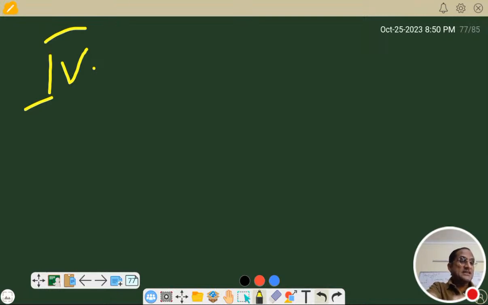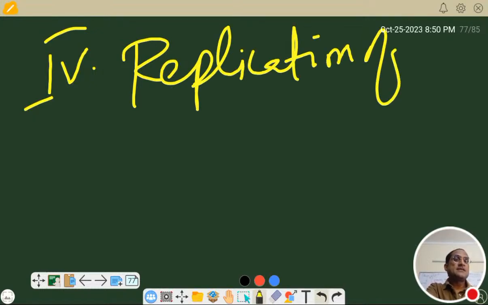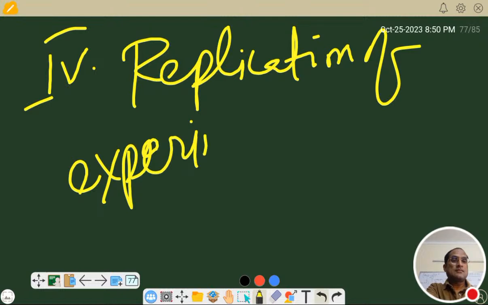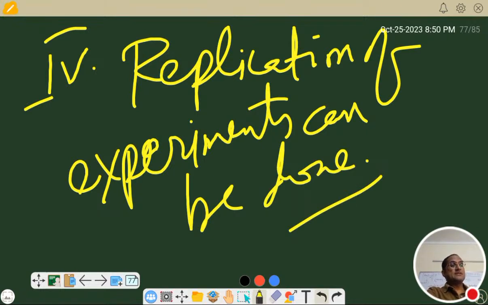Principle of replication, as we have seen, is important for experiments. Replication can be easily done in case of experiments.